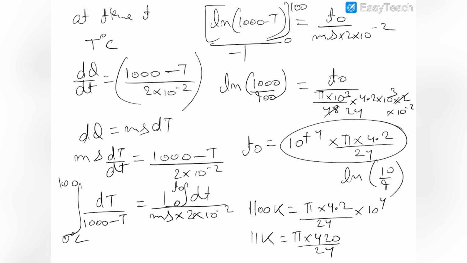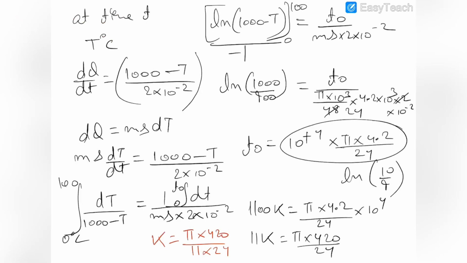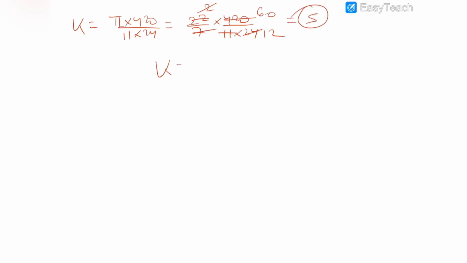So the value of k will be equal to pi into 420 divided by 11 into 24. If we substitute the value of pi as 22/7, you can see that this is 2, this is 12, and this is 60, and this will be 5. So the value of k will be 5.